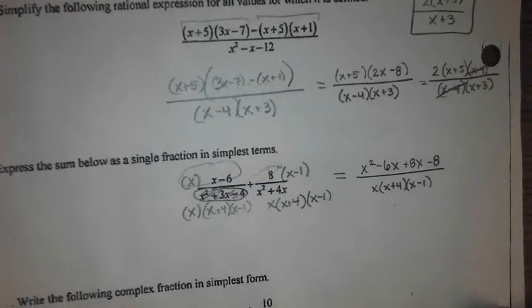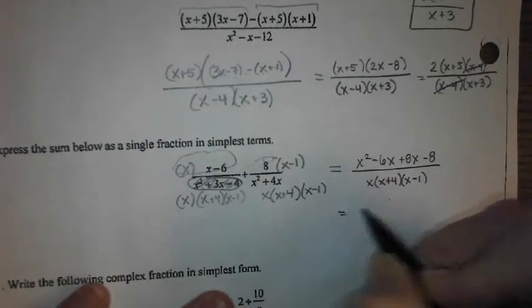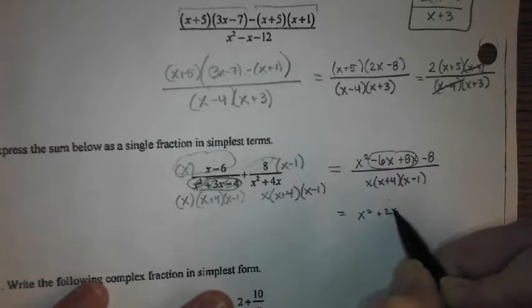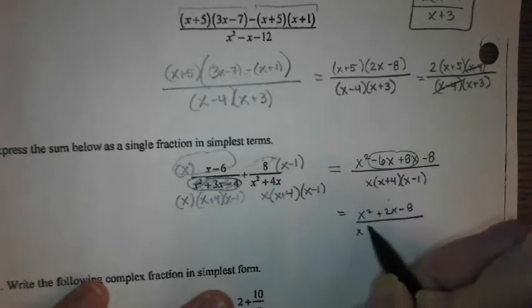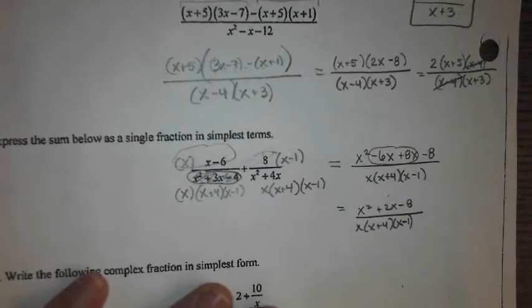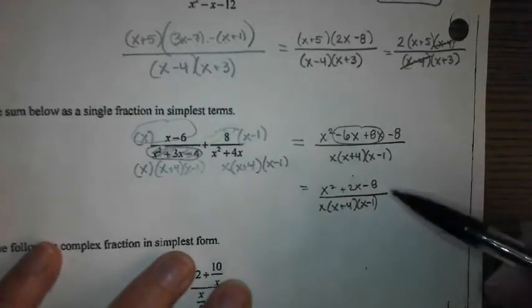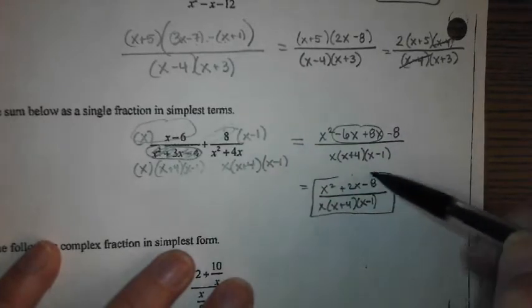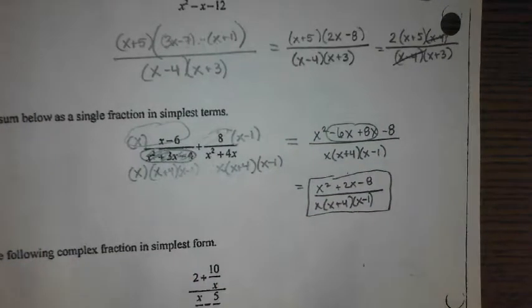Once you have your common denominator, you keep your common denominator. So this becomes x squared, these combine, plus 2x minus 8 over x plus 4, x minus 1, and that numerator is not factorable, so nothing else cancels, and this is the sum of those two fractions in simplest terms.